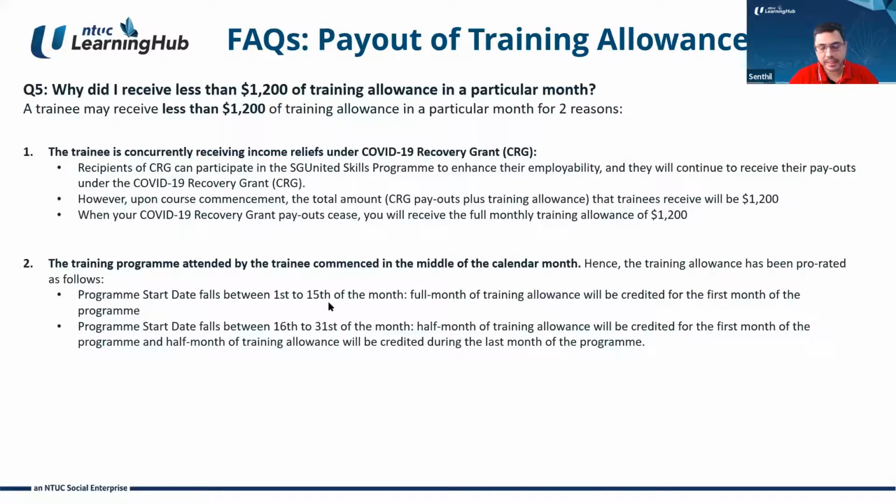In that case, the participants will receive a full month, which means $1,200 of training allowance in the month of February. That's their first training allowance. But let's say the program is commencing between 16th to 31st of the calendar month. In that case, the trainees will only receive half a month of training allowance, which is $600, in the month of February.